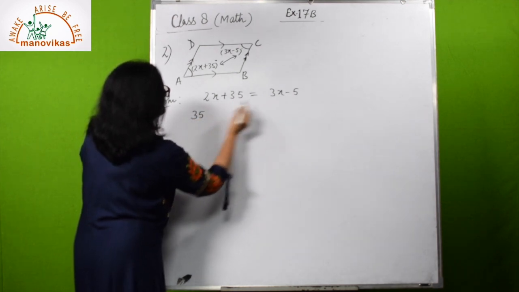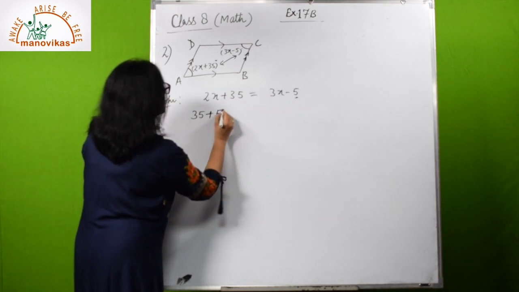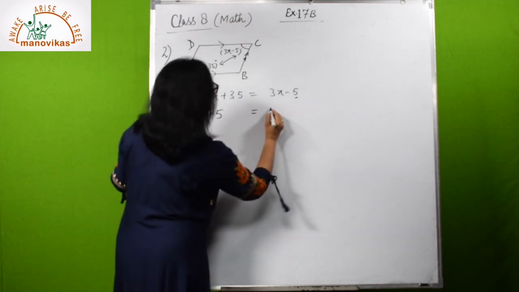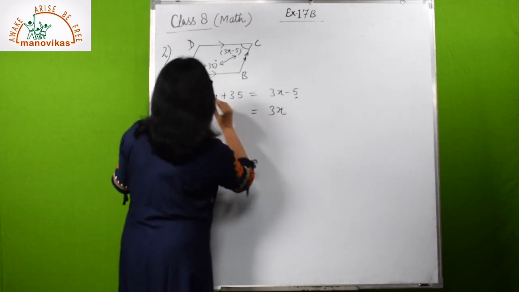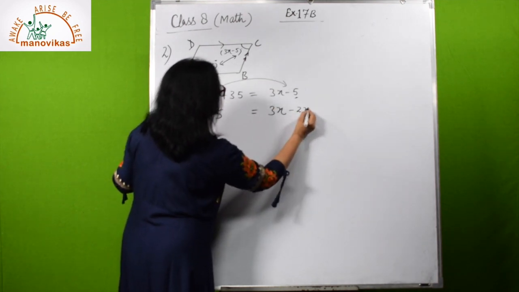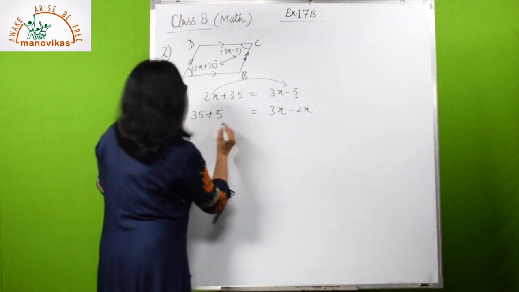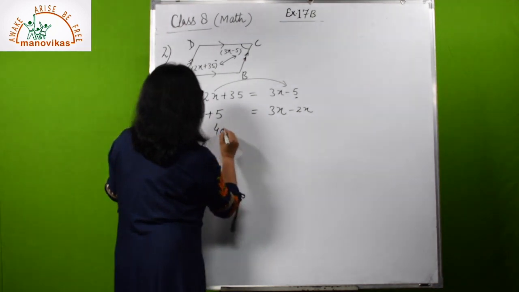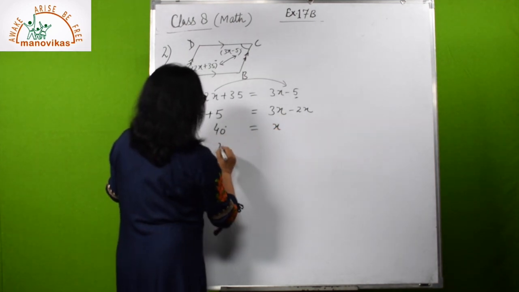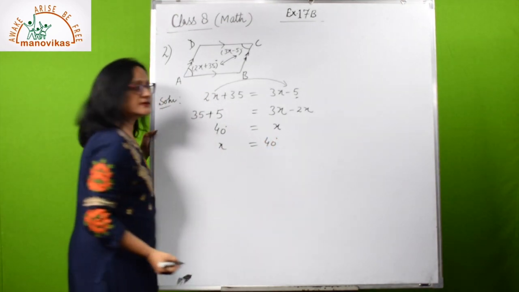So 35 plus 5 and 3x is already there. You will shift 2x to the other side, it will go in subtraction. So 35 plus 5 is equal to 40, 3x minus 2x is 1x. So you got the value of x as 40 degree.